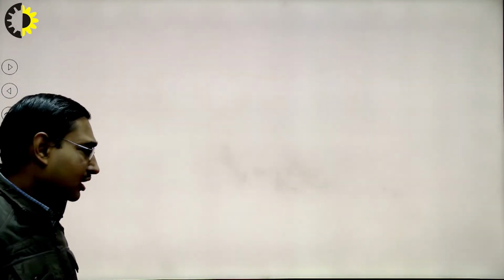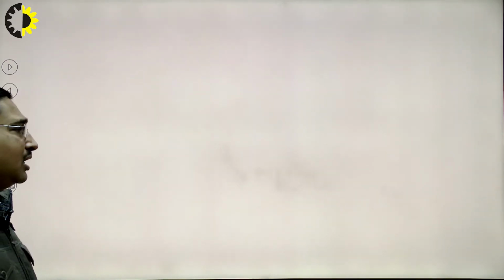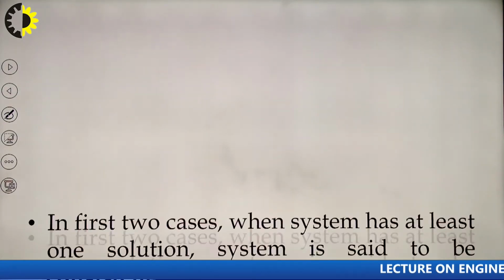Thus, we have understood that if an equation system is there, we are talking about a linear system of equations only. If there is a system of linear equations, then we can classify it on the basis of its solution. The first two cases were the cases when the system of equations had a solution, and the last case was when the system of equations had no solution.